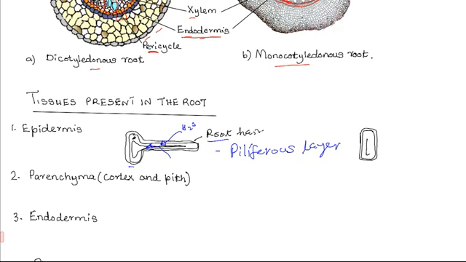So for most part of this root, the epidermis consists of protective epidermal cells. But in regions just behind the tip, there is a piliferous layer consisting of root hair cells with root hair. The root hairs provide a large surface area for the absorption of water and mineral salts.